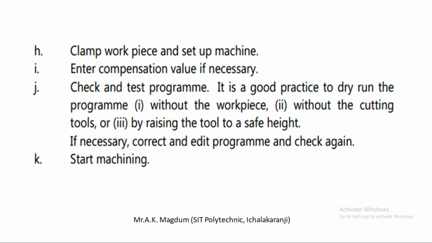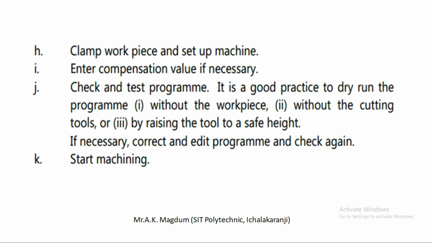Next one is to clamp the workpiece and set up the machine. Once you prepare the program, the next step is to clamp the workpiece into the chuck and set the machine. Setting up the machine means what? The machine has its origin position, that is, a machine zero position is required, because from the machine zero position to the work zero position there is a rapid traverse.